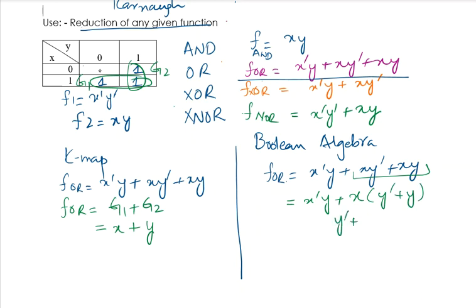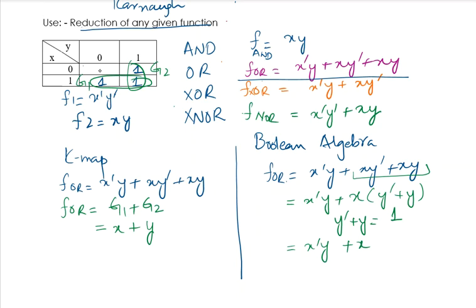We know that y plus y dash is equal to 1 in Boolean algebra. Even if you insert 0 here, then 0 complement would be equal to 1, and vice versa. So we are left with xy dash plus x.